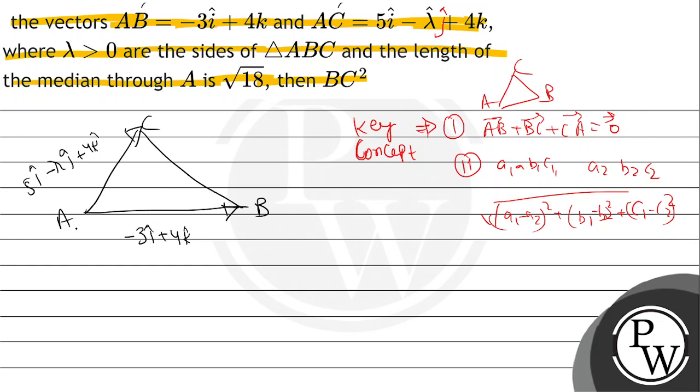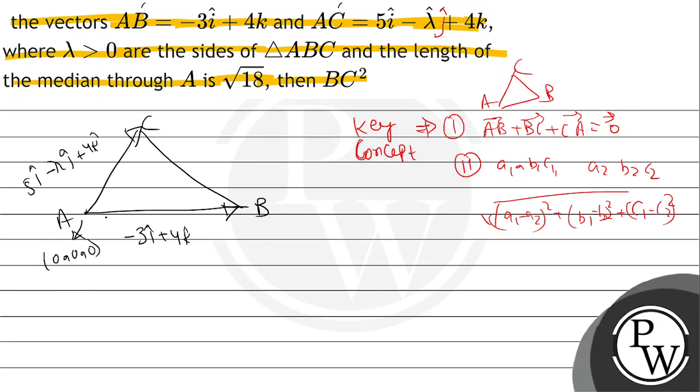So let us assume A to be the origin. We can assume this because in the answer which we have to find, that is BC square, we don't need the coordinates of it.